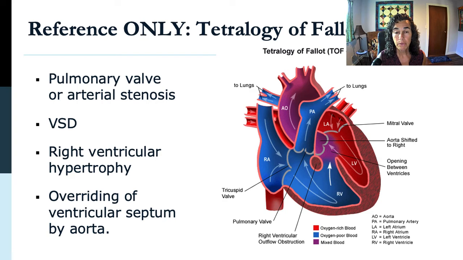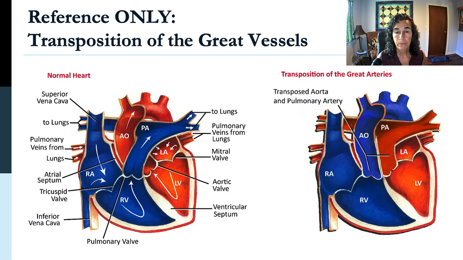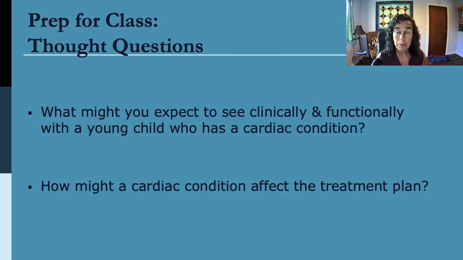Tetralogy of Fallot. Transposition of the great vessels. And if you're interested, please, by all means, dig into that some and get your knowledge base up. It's super fascinating, just beyond the scope of what we need to cover.